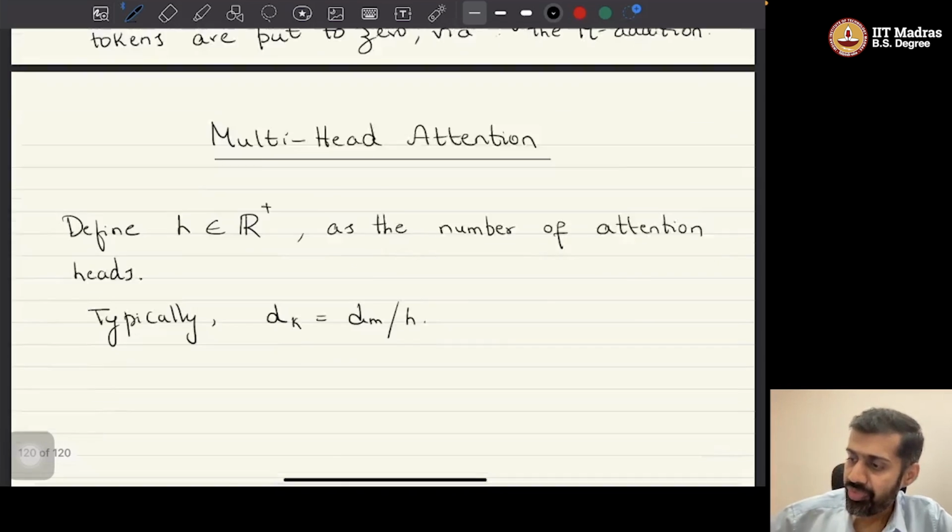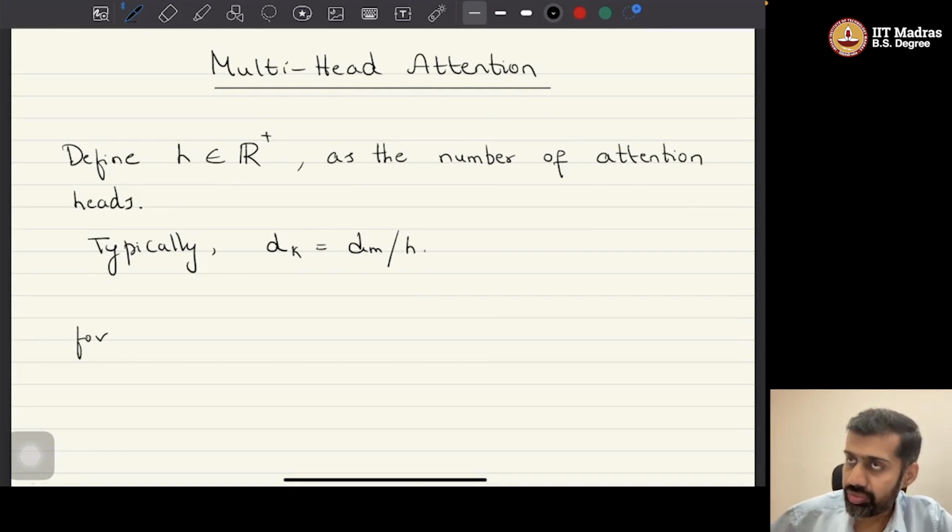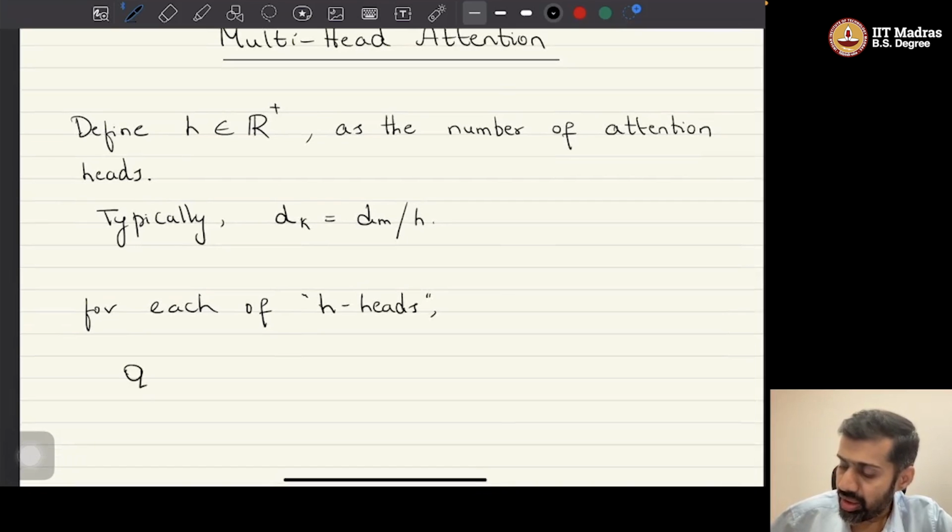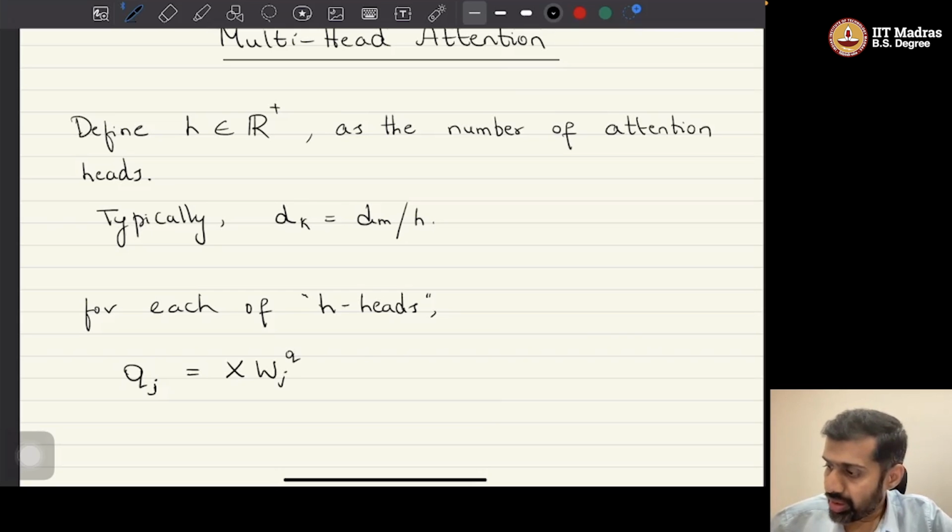So for each of the h heads, each of these is called an attention head, do the following. Define a query matrix, let's call it q_j, which is X times W_j^Q. This lies in R^(T×d_k).